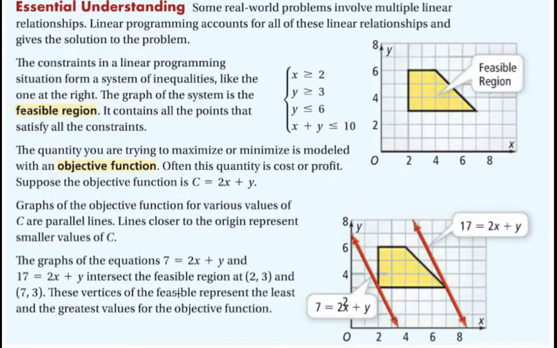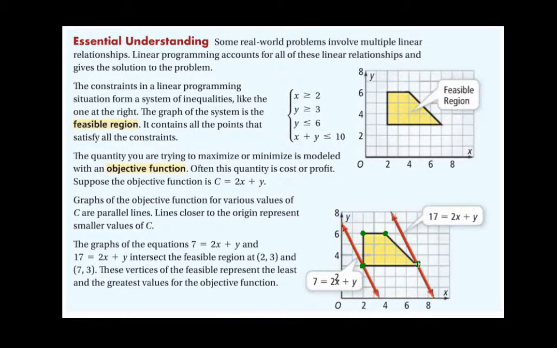These vertices of the feasible region represent the least and the greatest values for the objective function, right? So these different objective functions, depending on the C value, are going to be parallel lines that we could translate across this graph, and they're going to intersect different parts of our feasible region. The ones that we're going to pay special attention to are the corners, okay, or the vertices of our feasible region. Those are the ones that we're going to use, okay?